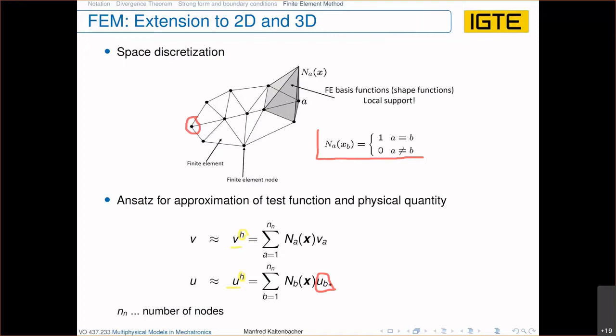And therefore, when we evaluate UH at a position, for example, at this node, then we exactly get out u at this node. And therefore, we can do this kind of ansatz. So exactly the same, just that our basis functions are now a basis function of x and y, or x, y, z in 3D.